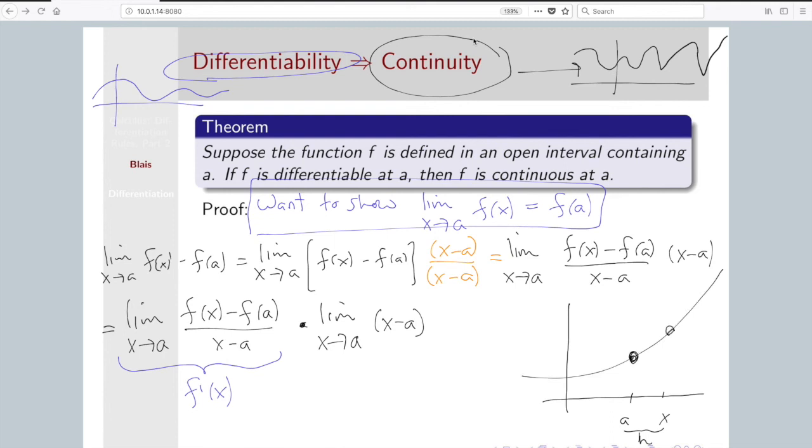You would have f of x. Here's our f of a. Here's our f of x. And so if you look at the secant line, its slope is, of course, rise over run.